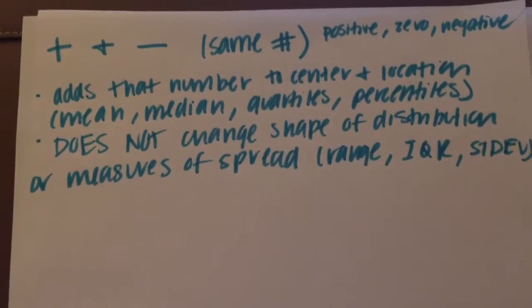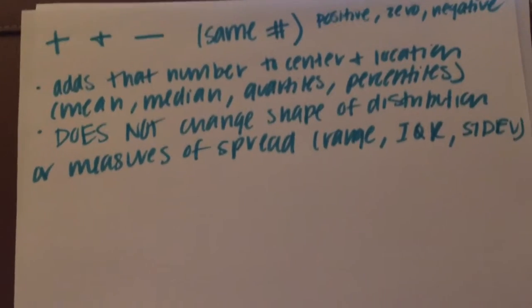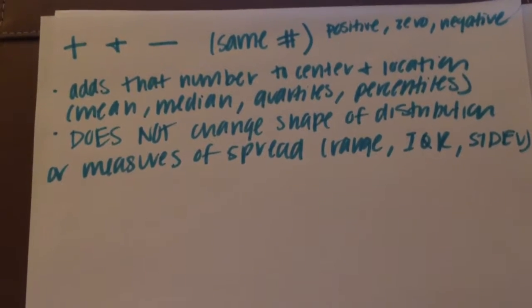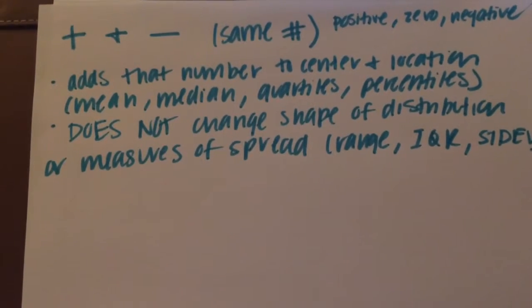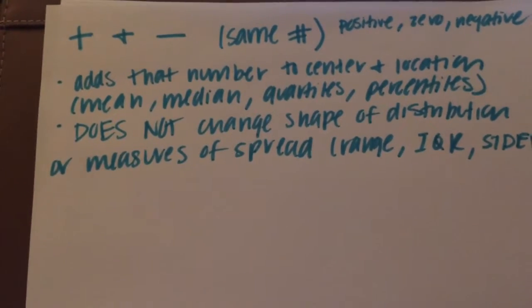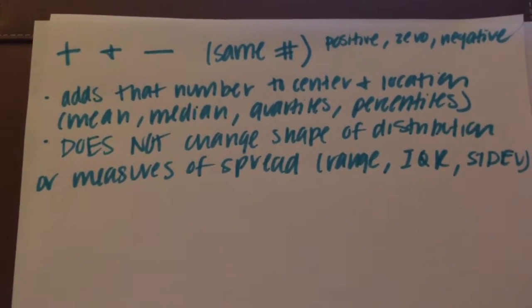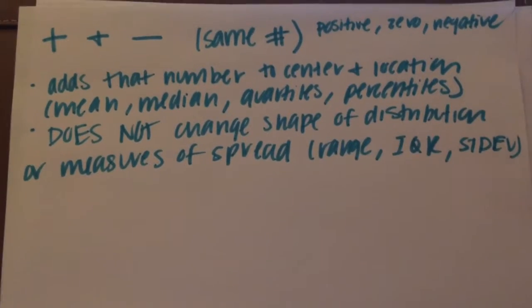So to sum it up, when you add and subtract by the same number, which can be positive, 0, or negative, you add that number to the center and location, so the mean, median, quartiles, and percentiles, but it doesn't affect the shape of the distribution or the measures of spread, which is range, IQR, and standard deviation.